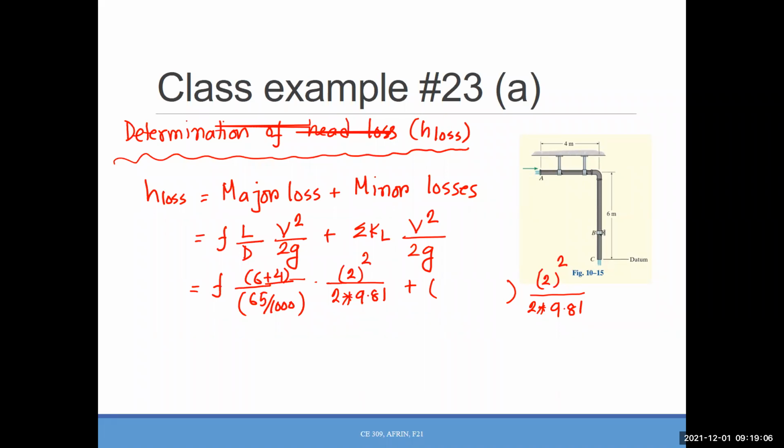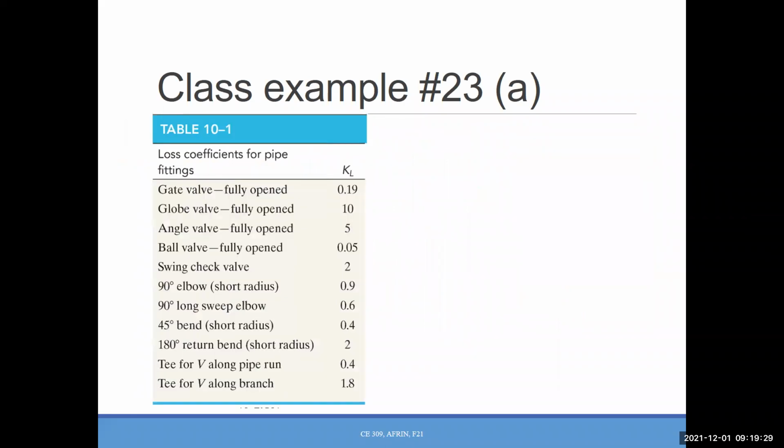So what you can do, you can go to this packet, and from page number 3, we can have different types of KL values. We just need to find out which one we will use. I will use table 10.1. Okay, you have that in your packet.